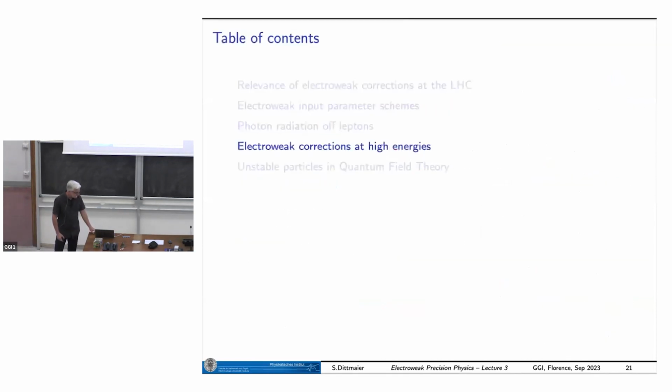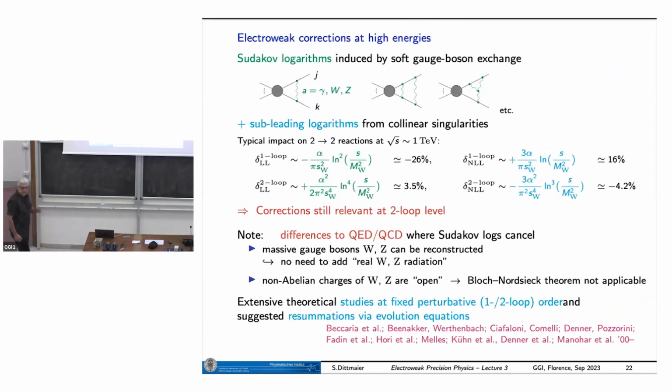Let's now, in the meantime, go to very high energies, namely energies in the TeV range. And in the TeV range, even the masses of the W and the Z bosons are supposed to be small.